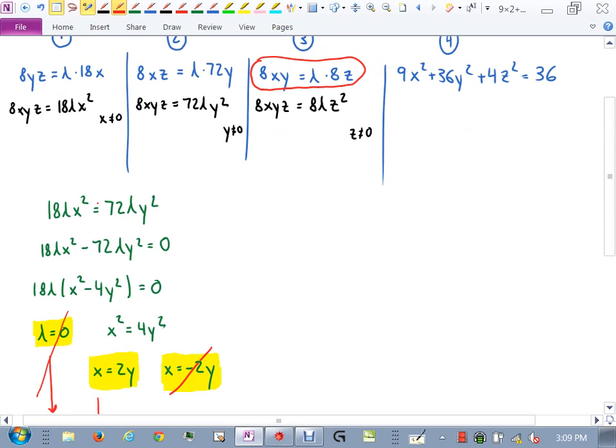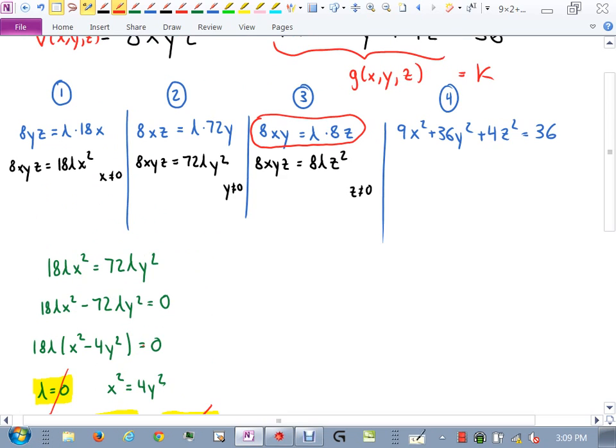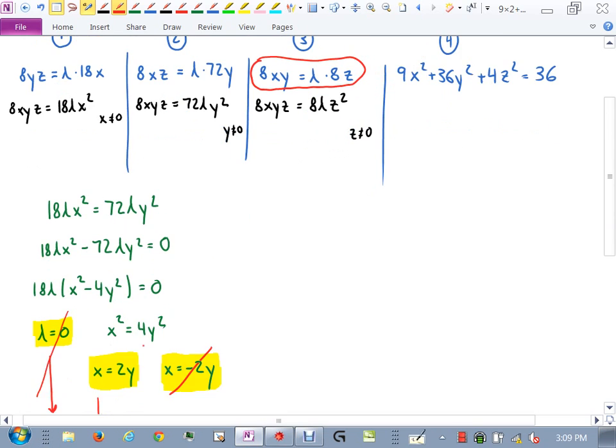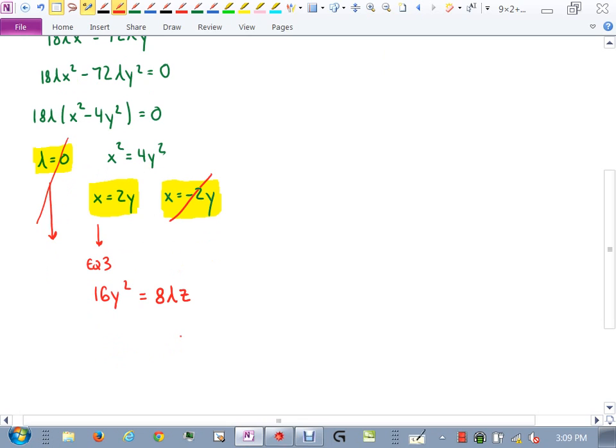What would we get? 16y squared equals 8 lambda z. Does that help at all? 2y equals lambda z. Does that help at all?